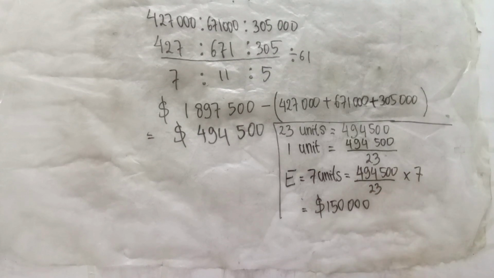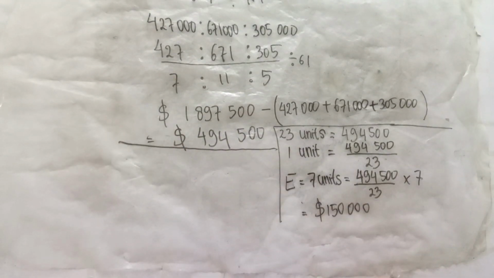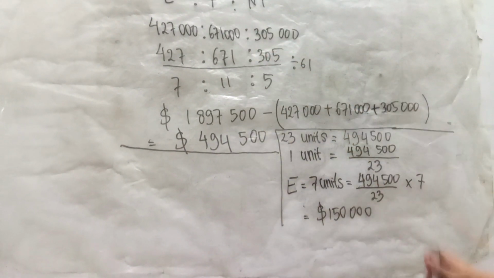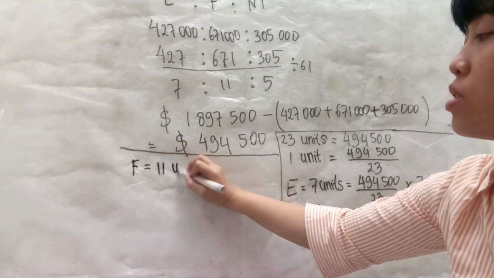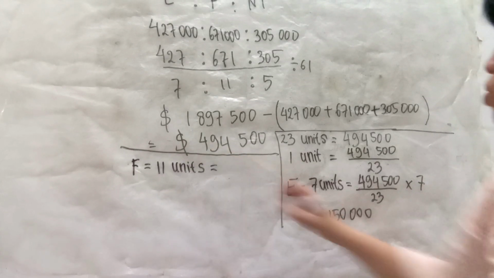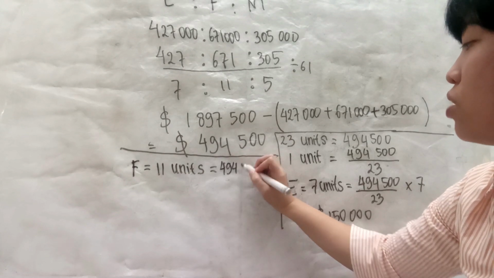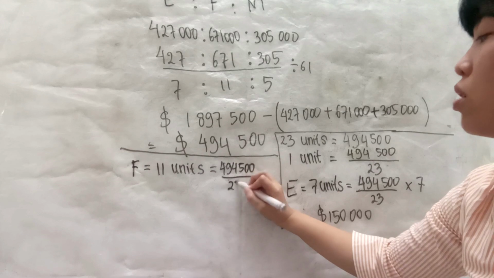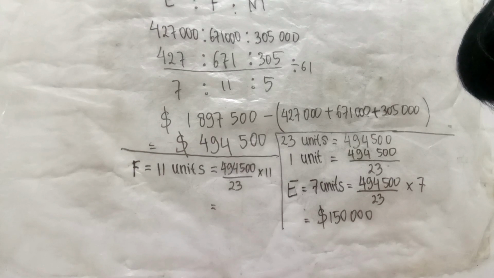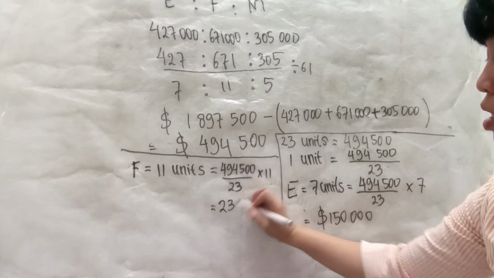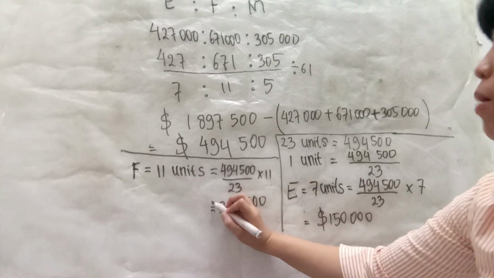This is for Ethan because Ethan has 7 units. Okay, for Farhan, 11 units. So Farhan equals 494,500 divided by 23 times 11. It will be equal to $236,500. This is for Farhan.